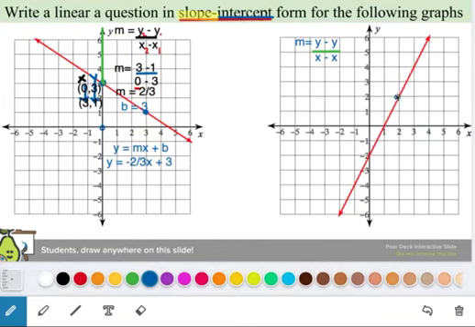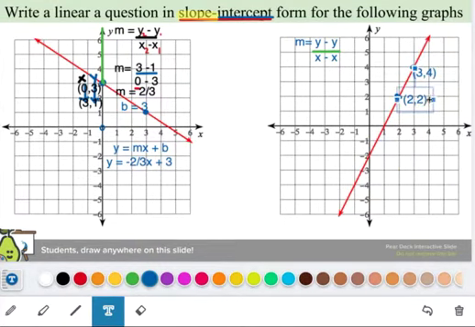I'll pick 2, 2 and 3, 4. So 2, 2. I'll put it right here because I'm going to use the other spot for showing work. 3, 4. I like positive numbers.